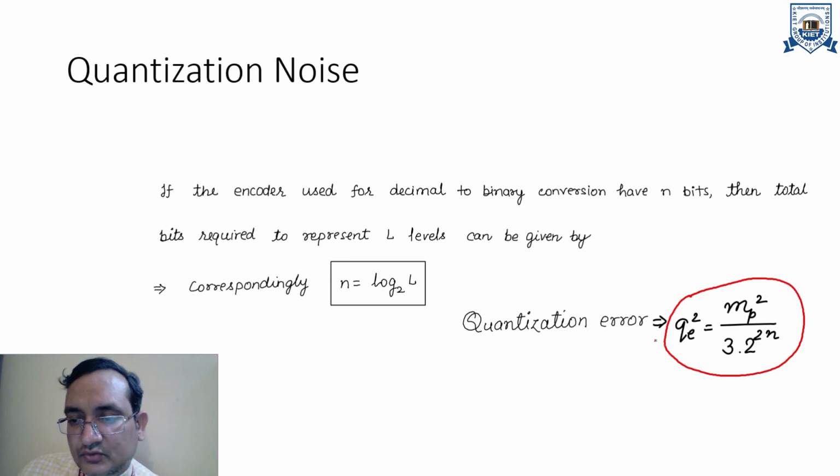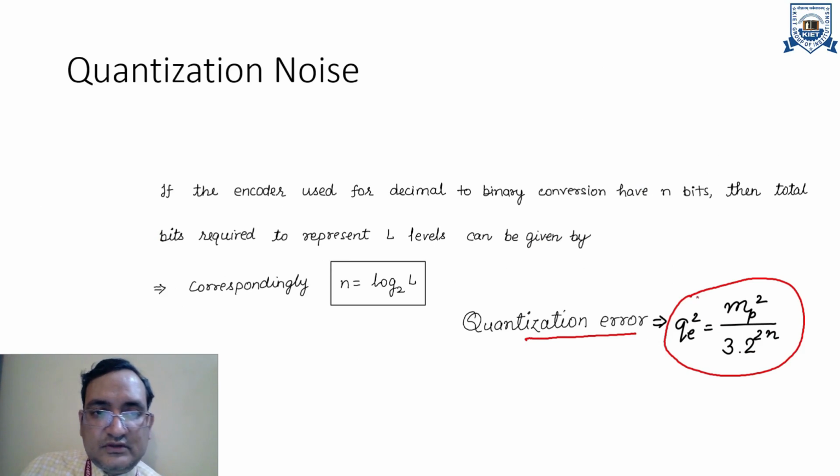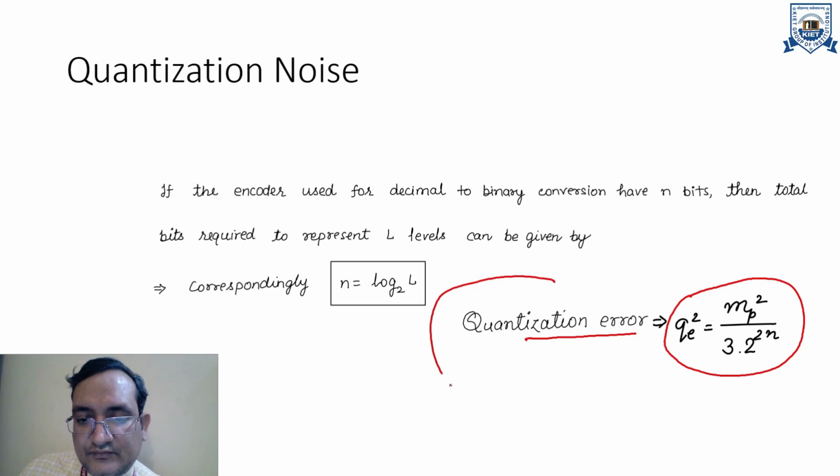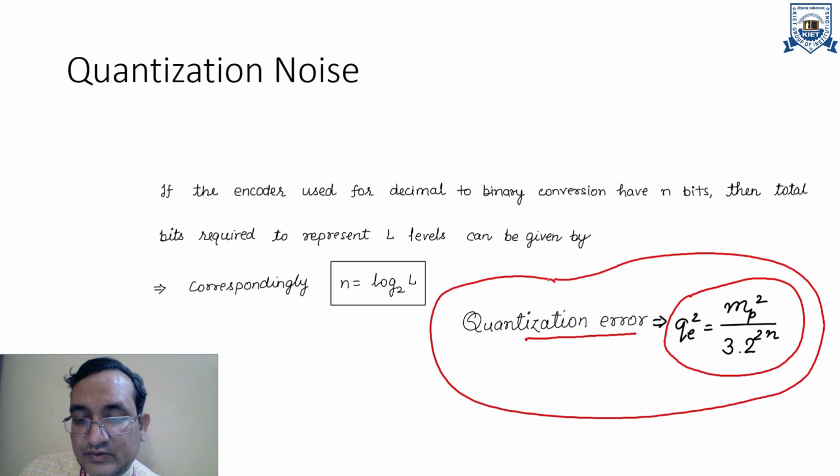So this is the quantization noise power, which is QE square equal to MP square divided by 3 into 2 to the power 2n. Now this is a very important term, so you have to memorize this, the quantization noise power for PCM. QE square is the symbolic representation.